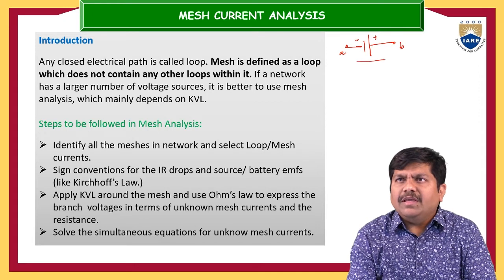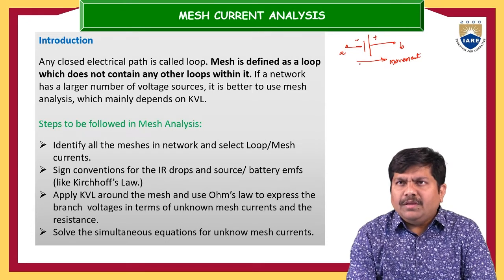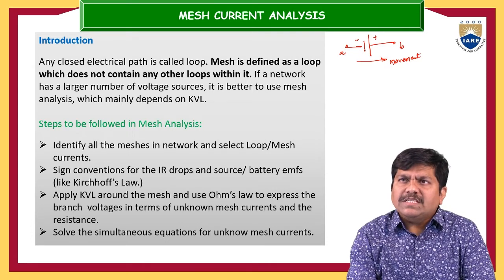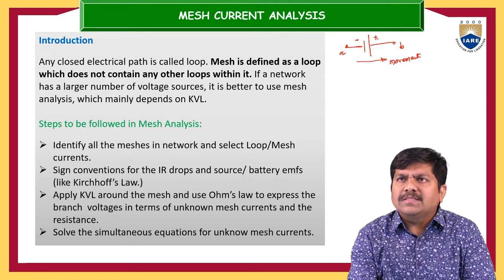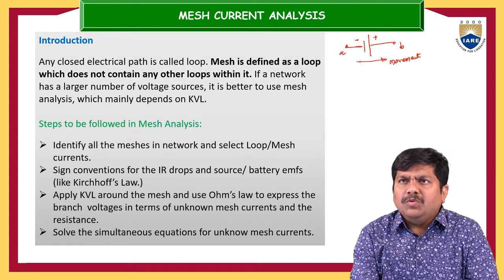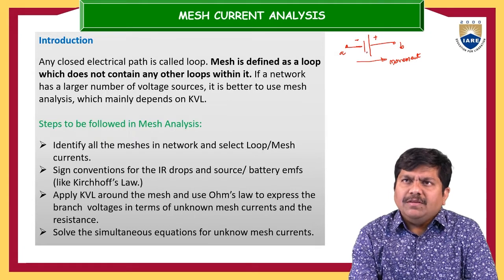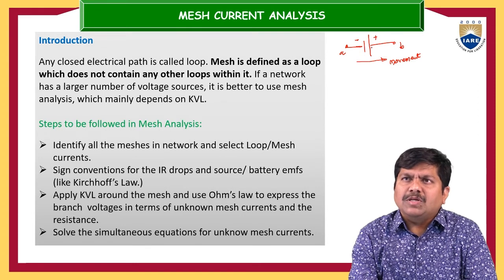Now if you are traveling like this, this is my movement. During this movement, first I am going to touch the negative plate of the battery, then the positive plate of the battery. So negative to positive we are moving. Because I am traveling in this direction from A to B, first I touch the negative terminal, then the positive terminal.